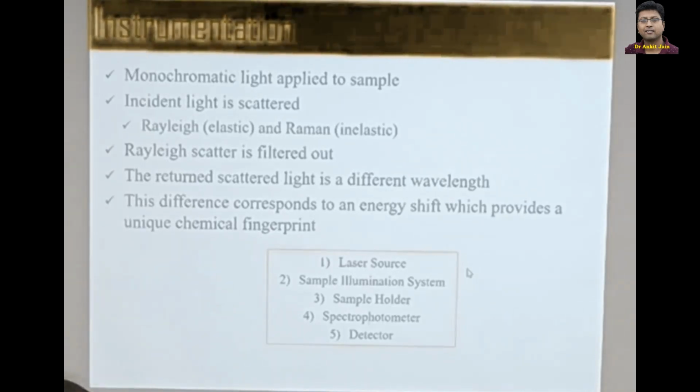So we need a spectrophotometer, and from the spectrophotometer we can also have a detector or a spectrophotometer depending upon what you want to see. And the x-axis on the Raman is usually wave numbers, so we also need some computer programs to plot it in the way that we see it.